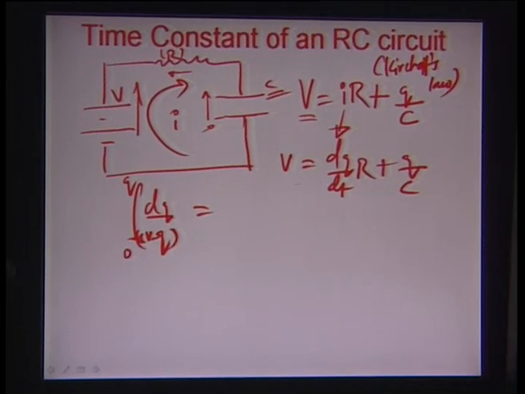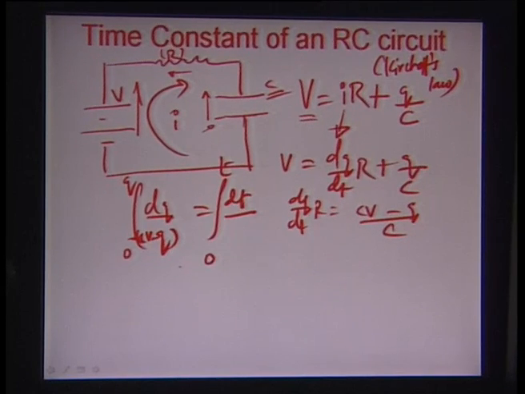So dq by dt times R is CV minus q by C, and this is equal to the integral of dt by RC, with t varying between 0 and T. T is the full time over which the charge of the capacitor grows from 0 to q.